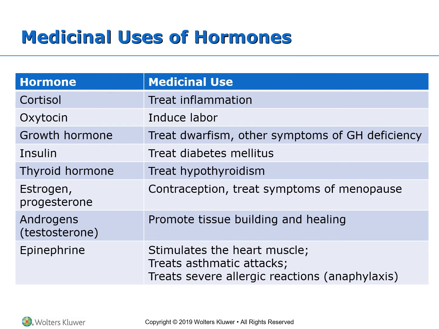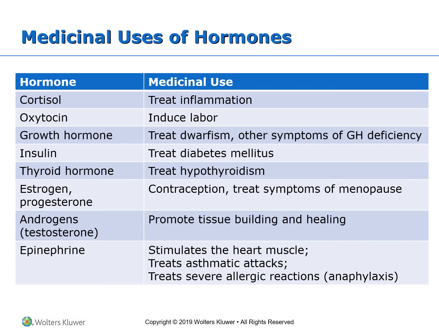Because I touched on the therapeutic usage of hormones, I will name a few of them. We can use cortisol and corticosteroids in the treatment of inflammation, mainly in autoimmune conditions such as rheumatoid arthritis, lupus, or asthma.